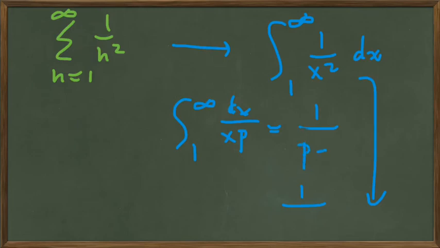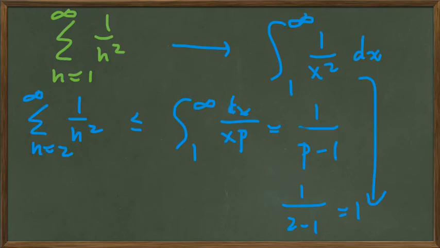So the integral of 1 over x squared would be 1 over 2 minus 1, or 1. And remember that this is greater than or equal to the sum from n equals 2 to infinity of the series. So the series of all terms except the first term is bounded above by 1.